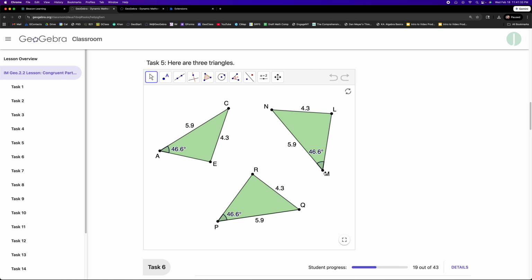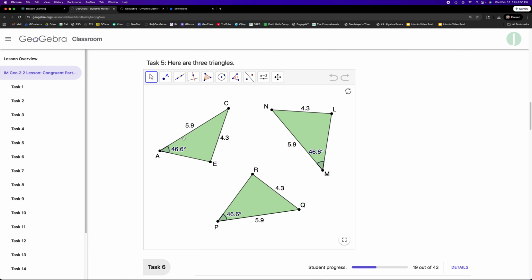And it looks like they all have. So if you start with the angle here and go around, we go from 46.6 as an angle, and then the side that's next to that is 5.9, and then the next side after that is 4.3. So let's see if I can do that each time. Here is an angle, that's 46.6.